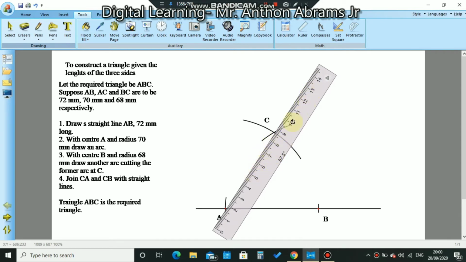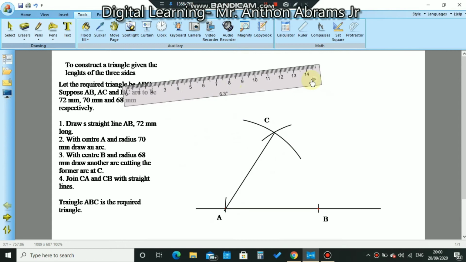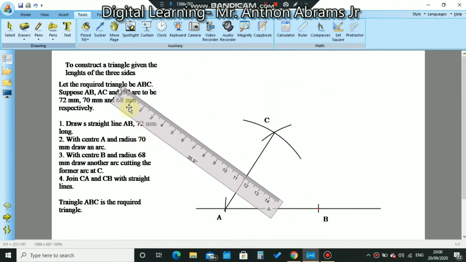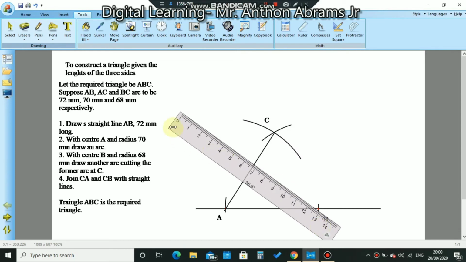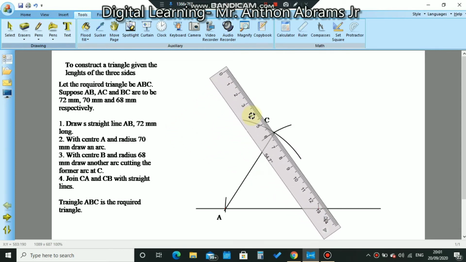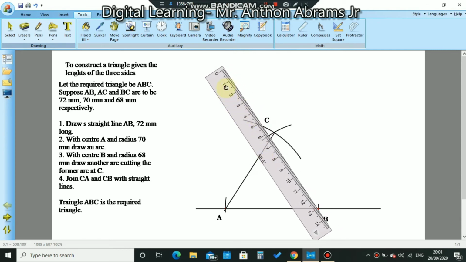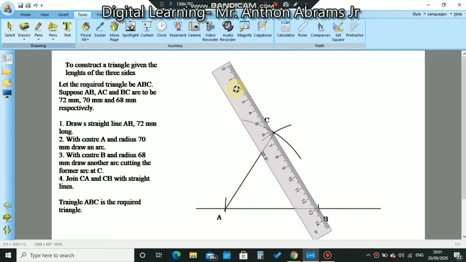We take the pencil and go up to the apex, C, and then C to B. We align the ruler.